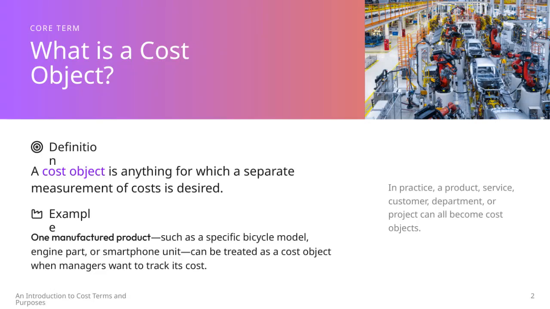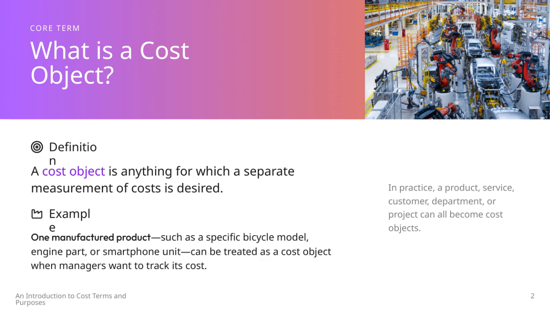A cost object is essentially anything for which we want to separately measure costs. Think of it as a specific item or entity that managers want to track expenses for. For example, a particular manufactured product, like a specific bicycle model, an engine part, or a smartphone unit, can be considered a cost object.